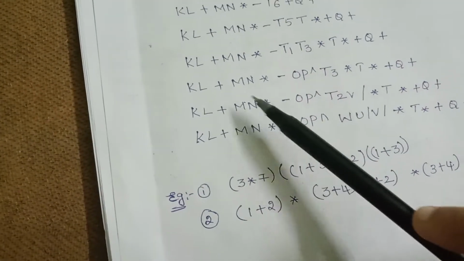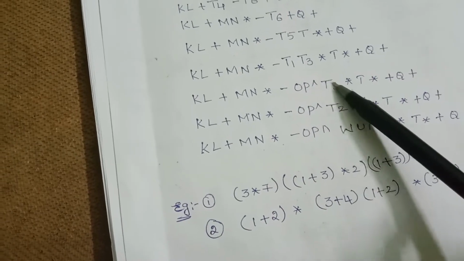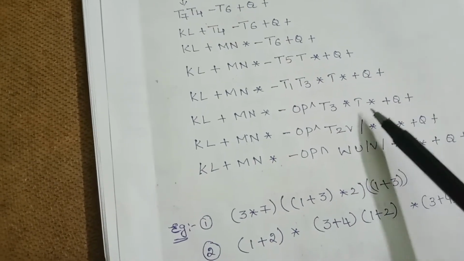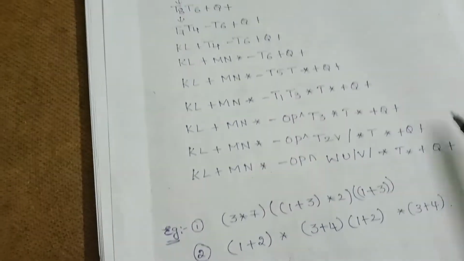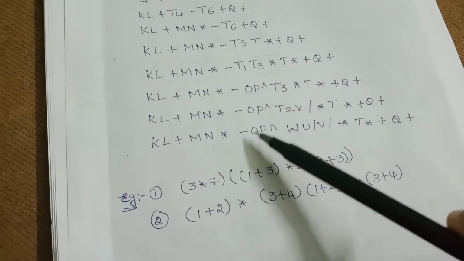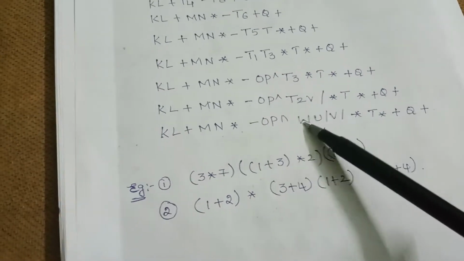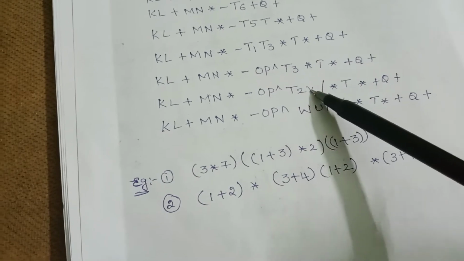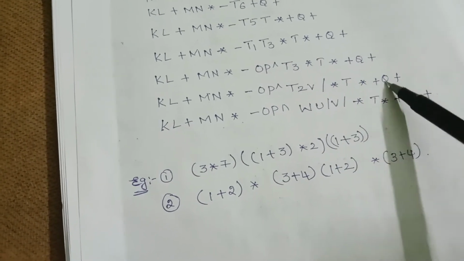And k l plus m n star minus O P cap, in place of t3 we have t2 v slash and the remaining expression star t star plus q plus. And k l plus m n star minus O P cap, in place of t2 we have w u slash and the remaining expression v slash star t star plus q plus.